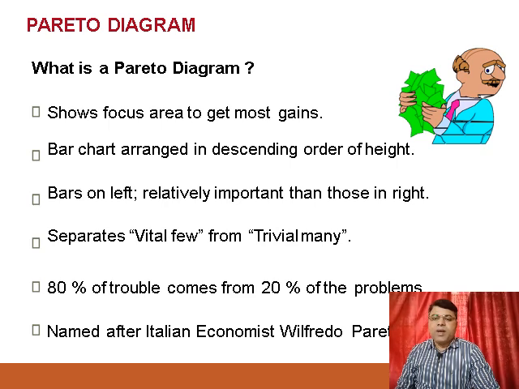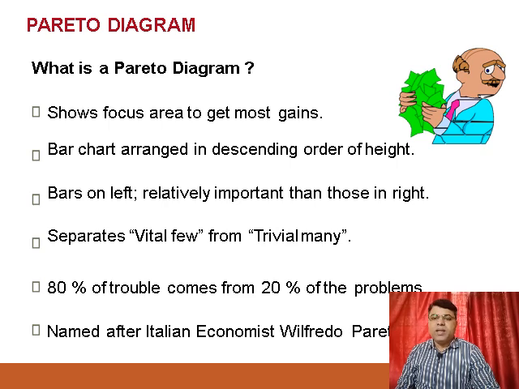The Pareto diagram is a bar chart, and by using it we can divide our data in 80-20 format. So we can pick 80% of the data to resolve the problem, and by using this 80% data or 80% problem, we can solve maximum problems in one way.